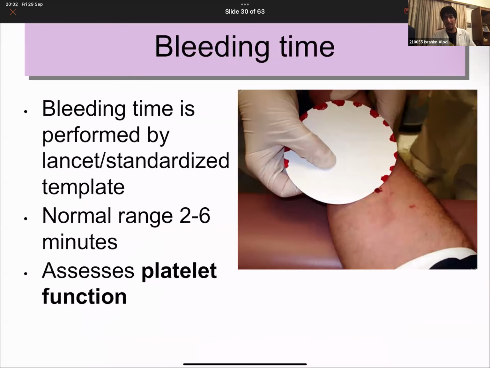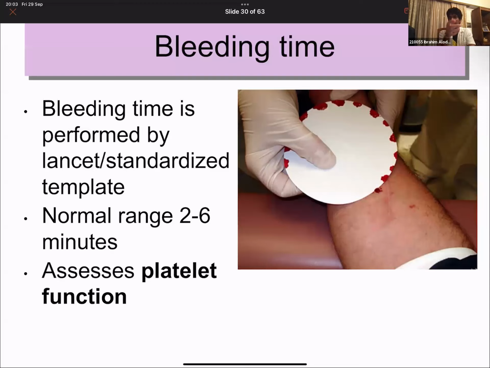Let's talk about bleeding time. Here is a really old way of how they used to check bleeding time. They don't really do this anymore. What they used to do is make a little cut in the patient, and then they had this lancet paper, and they would tap it on the blood and keep rotating it until no more blood got on the paper.